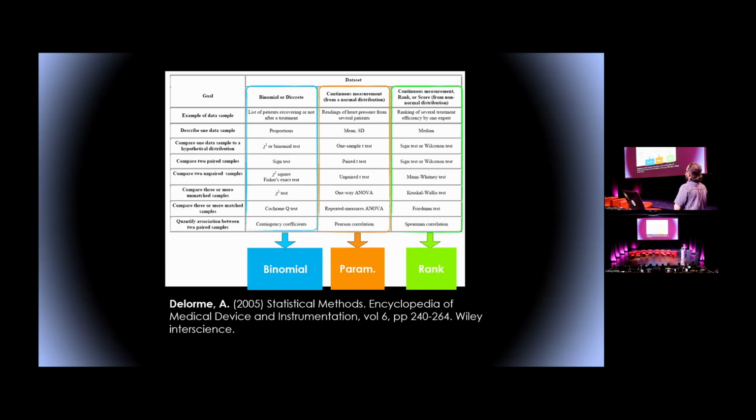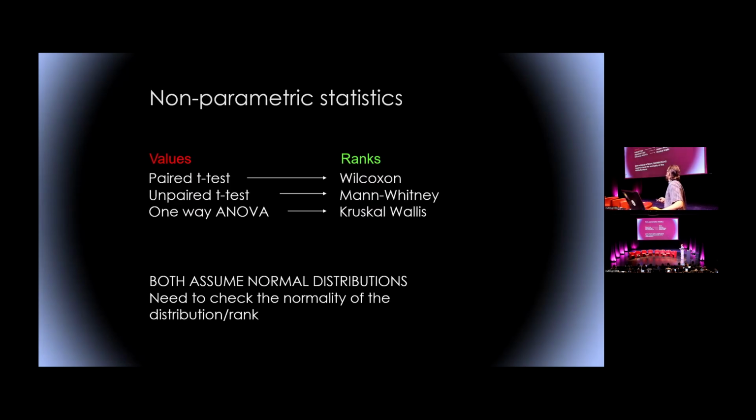So these are called non-parametric statistics. So Mann-Whitney, they're basically equivalent to parametric statistics, except they look at the rank. And then we also have a bunch of statistics, chi-square, etc., when we have binomial data, so discrete data.